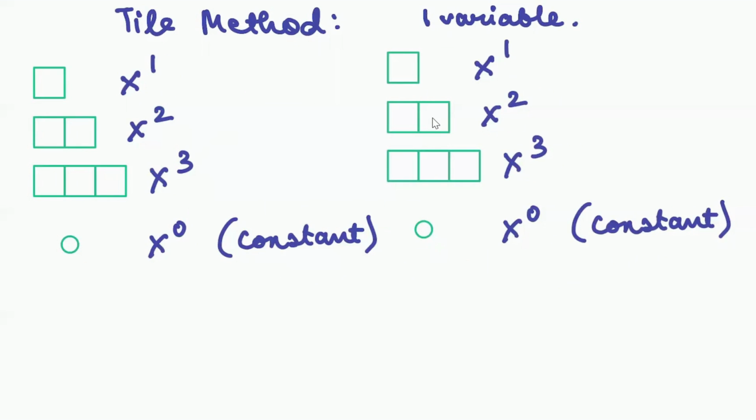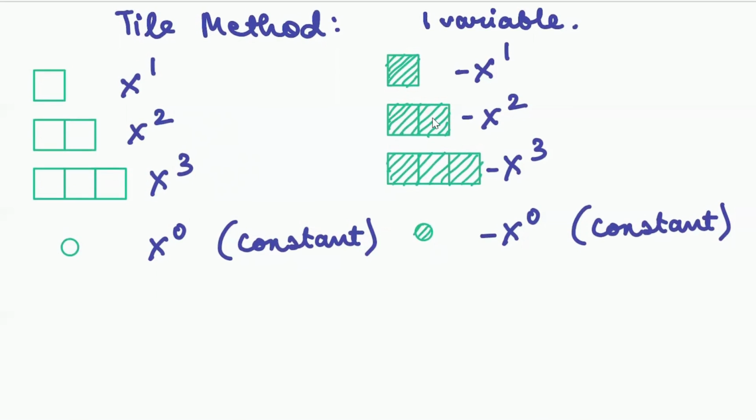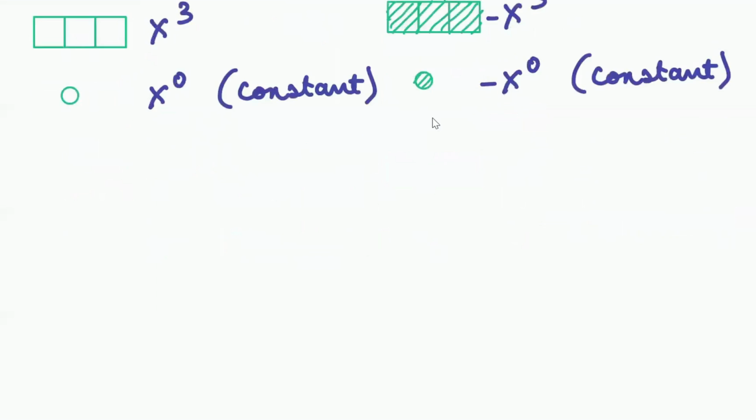If I shade them, that is my way of saying it's negative. Negative x squared, negative x cubed, and similarly for negative numbers. So this is the convention that we are going to be following.